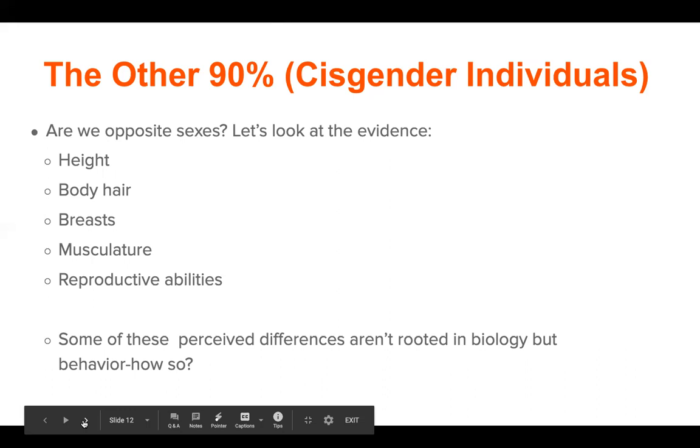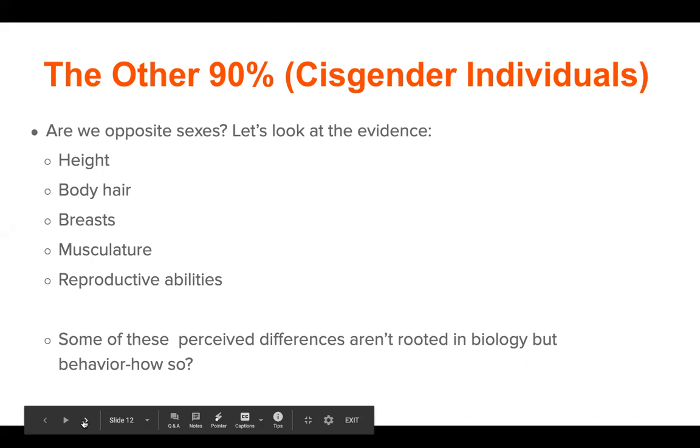And that's the point made right there, that this difference isn't rooted in biology as much as behavior. So it's not so much men are hairy and women are smooth. It's that men and women are hairy, although not equally so. Men are usually still on average hairier, but women give the impression of being non-hairy because of what we do.